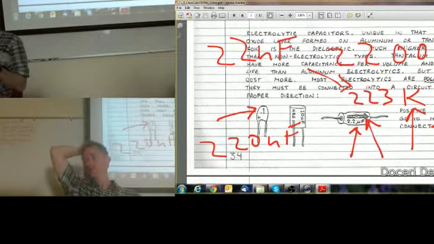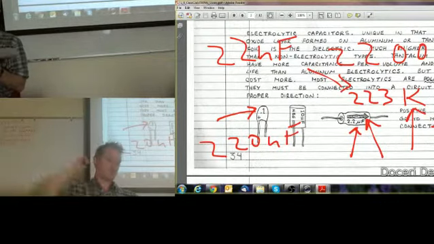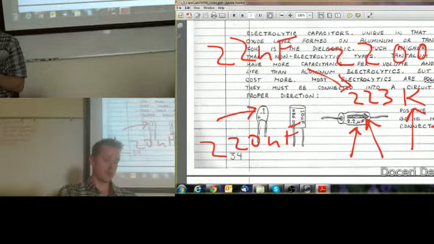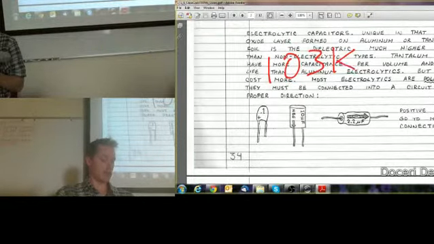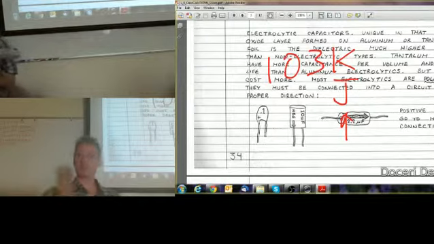Clear? No? What would a 103 marking with a K be? Normally there's a K or a J there. This is just the tolerance, so don't worry about that. It's like 20% or 50%.